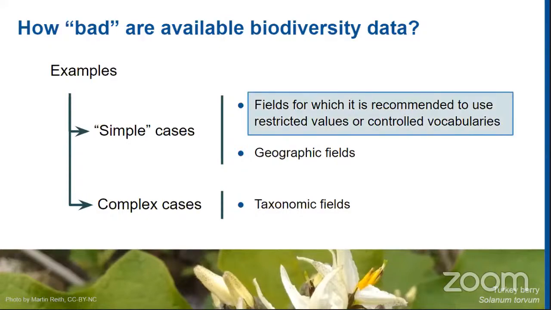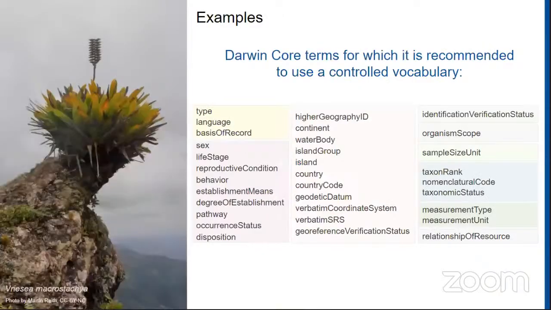So let's start with some pieces of information for which we're recommended to use controlled vocabularies. We have talked in previous presentations of this series, you can see them in the YouTube channel, about Darwin Core terms.